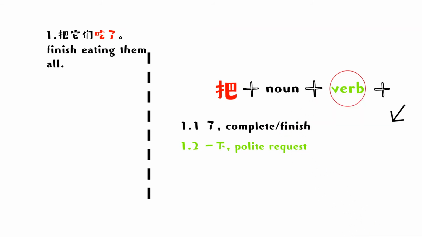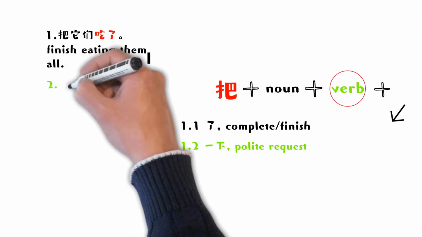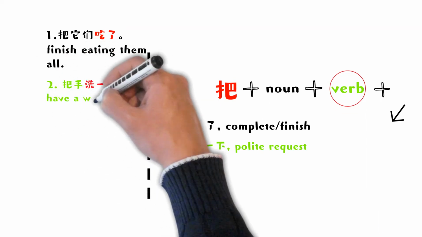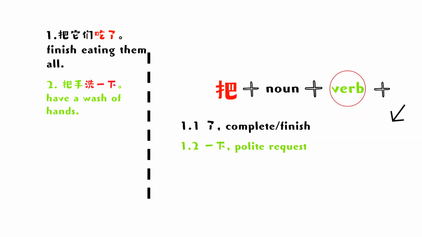Let's see sentence example number 2. 把手洗一下. The basic structure of a 把 sentence here is 把手洗, but it's only wash. It doesn't indicate any change.